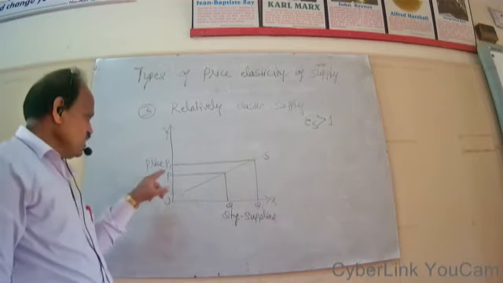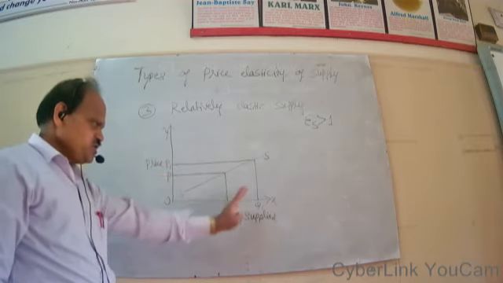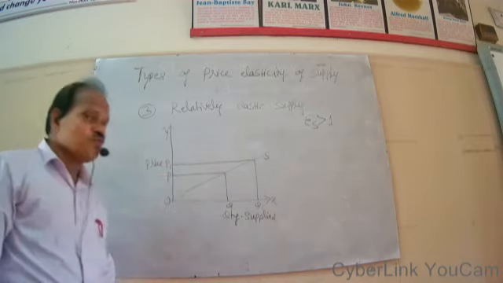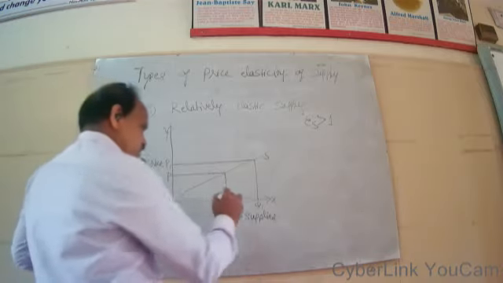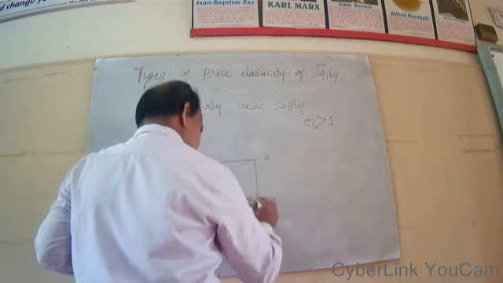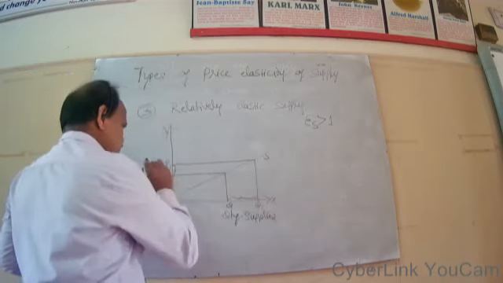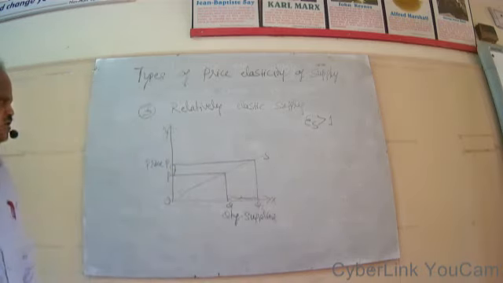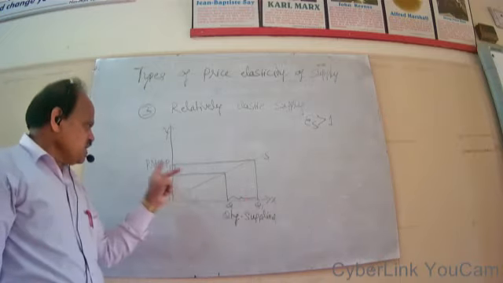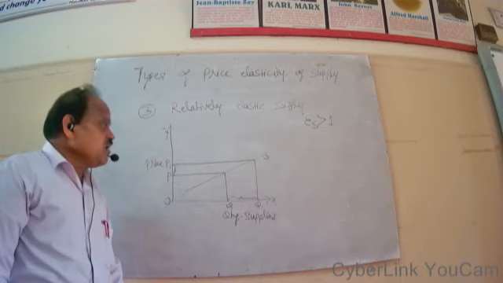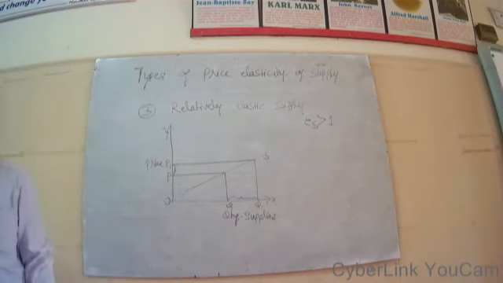Change in price is only PP1, but change in quantity supplied is QQ1. So QQ1 is greater than PP1. You can compare this portion and this portion, QQ1 and PP1. So this portion is greater than this portion. So always the value of price elasticity of supply would be greater than 1 in this type.